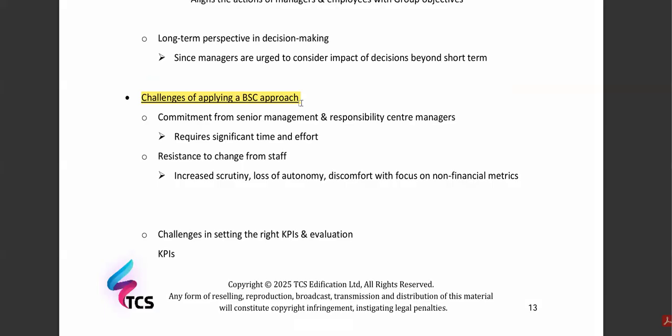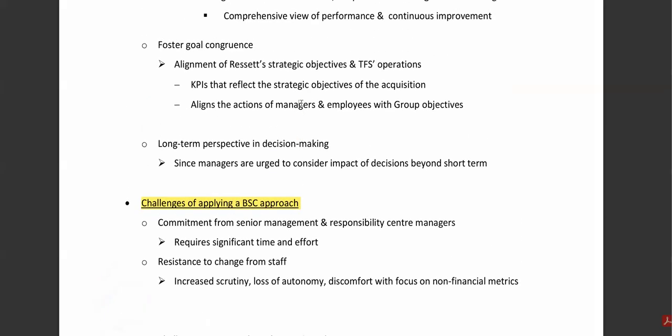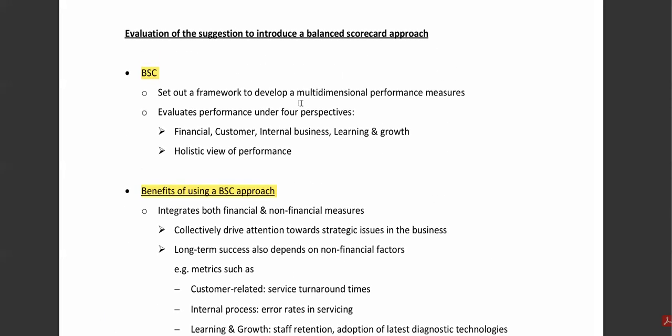So we've looked at a balanced evaluation. While highlighting the merits, we've also highlighted that, look here, it's a good approach, but then there are some challenges. And if you can overcome those challenges, then of course, it will serve the intended purpose of managing the performance from a holistic perspective. So that's basically how we've structured it.